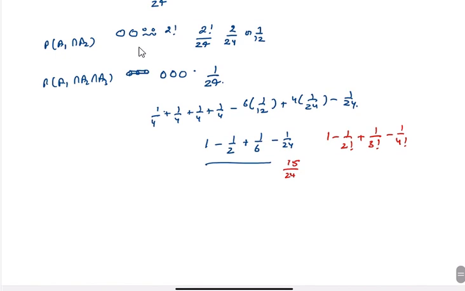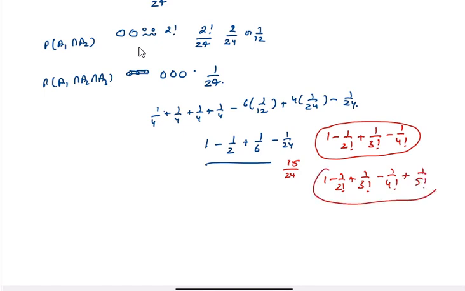But this is a useful question here. In case they ask for the probability with 5 envelopes, then you just keep adding it. So that will be 1 minus 1 over 2 factorial plus 1 over 3 factorial minus 1 over 4 factorial, then the next will be plus 1 over 5 factorial, and that will give you that answer.